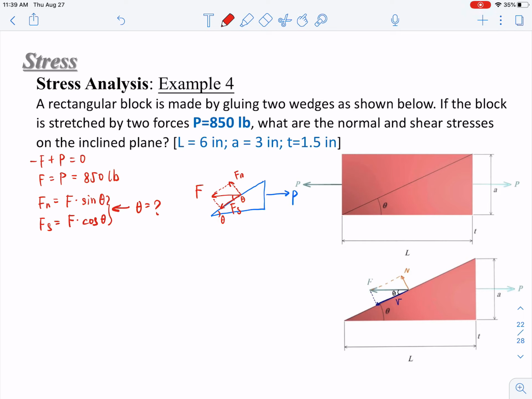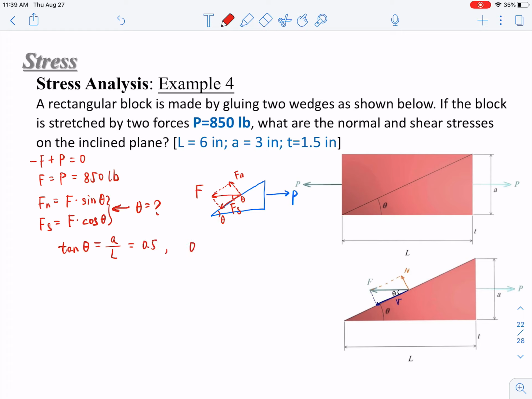To determine theta, we can use the dimensions that have been given. We know A, we know L, we know T, the thickness T. The T is useless here. So we can calculate tangent theta equals A over L. A is 3, L is 6, so that is 0.5.